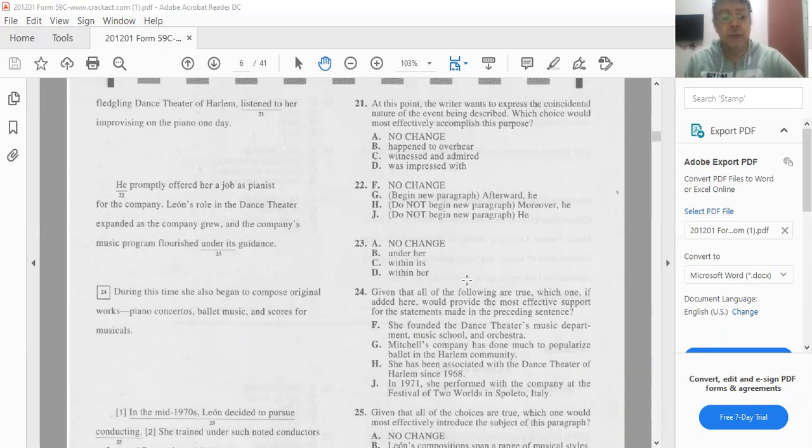It does not refer to Leon. It's wrong to say this here. We should change it to be under her guidance, because we are talking about Leon, and because of her excellent role of playing the music. The company's music program flourished under her guidance.